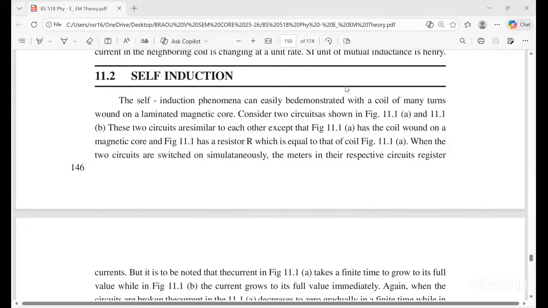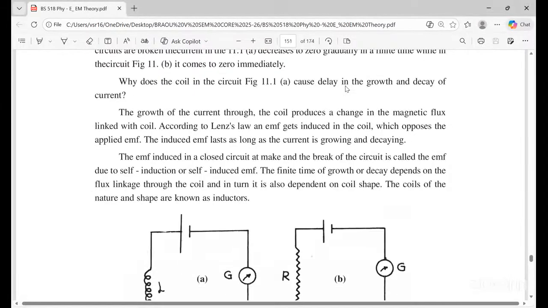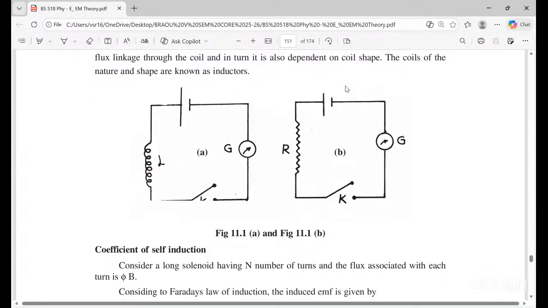Getting my point? So here we can discuss with respect to the diagrams. You can see this. This is the key. This is the plus terminal and this is minus. This is a battery. B is a battery.